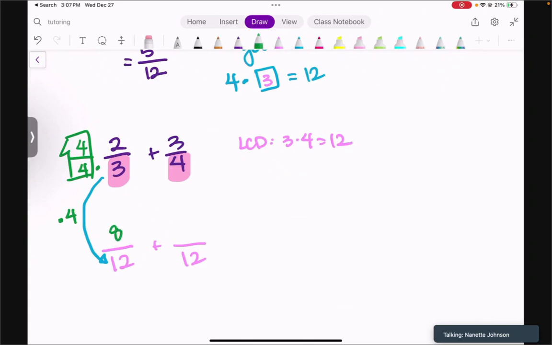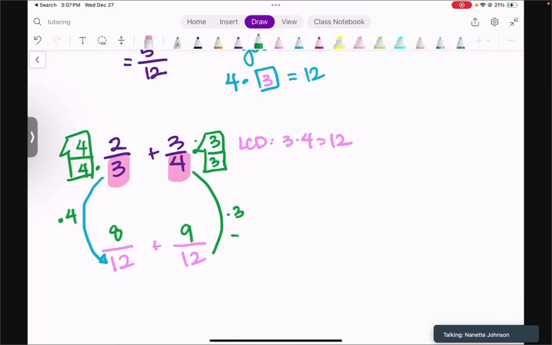Can you do the same thing over here? Can you tell me what goes in our big 1 here? What number would go in there? All right, hopefully you said 3. So then this would be a 9 because 3 times 3 is 9.